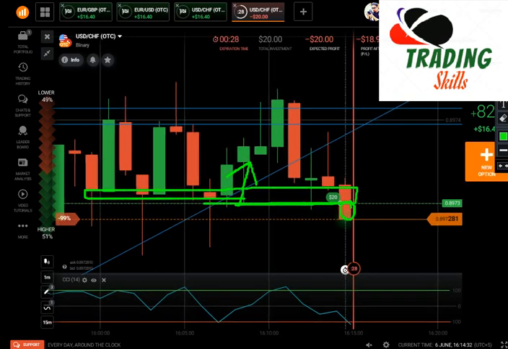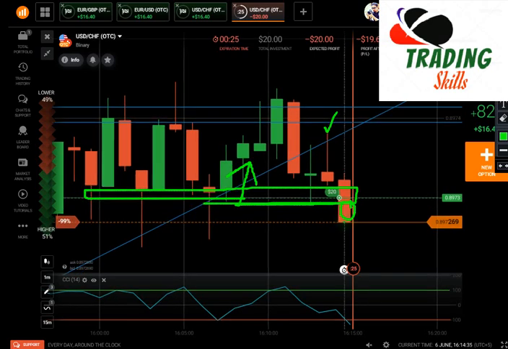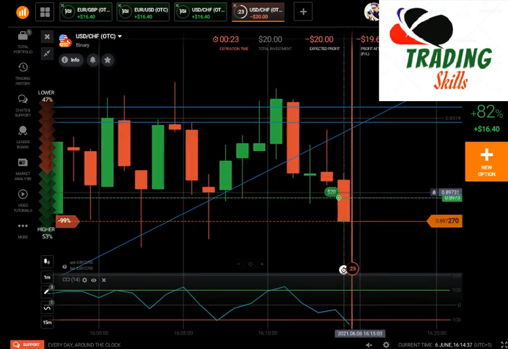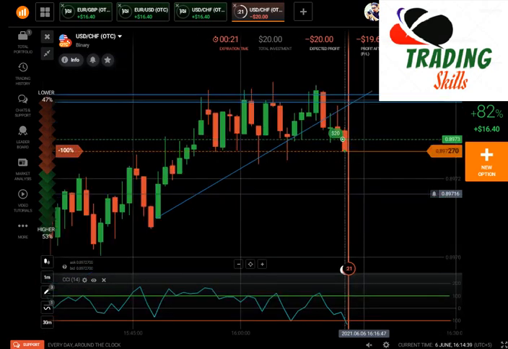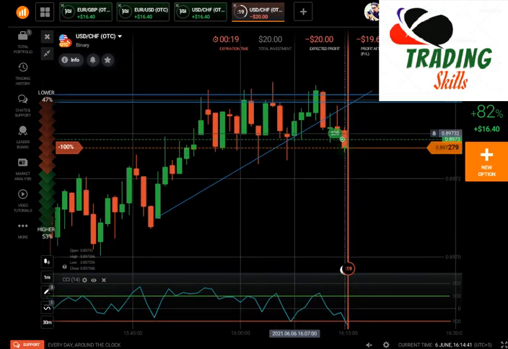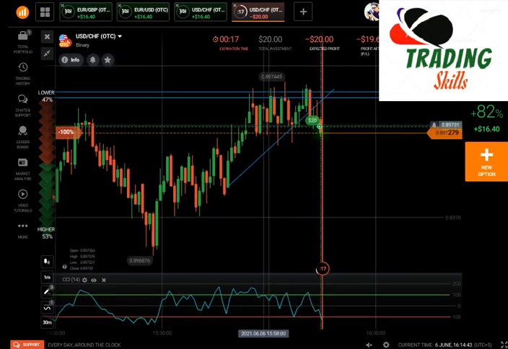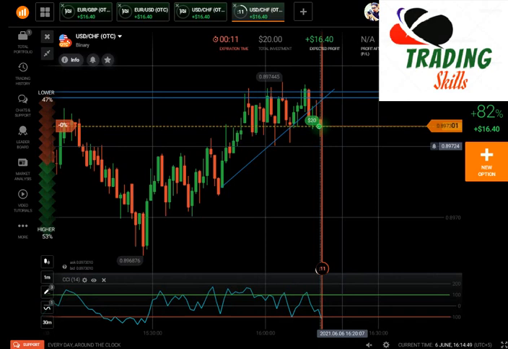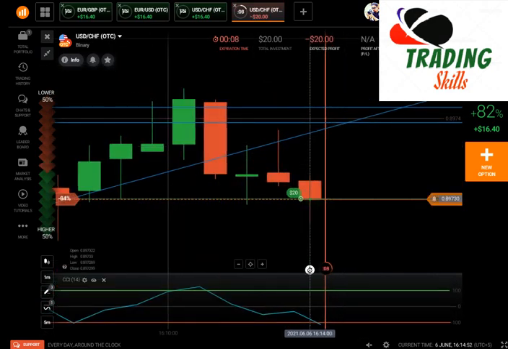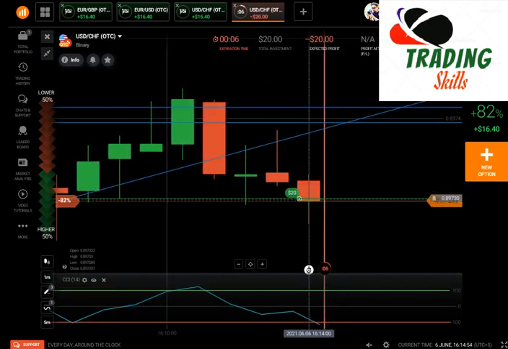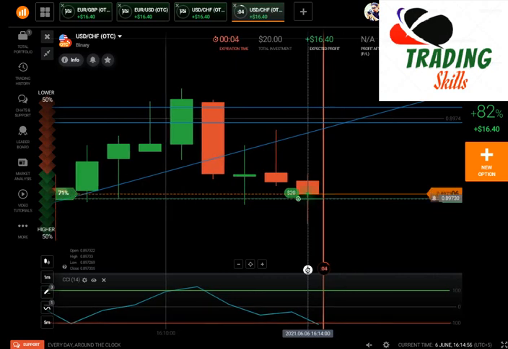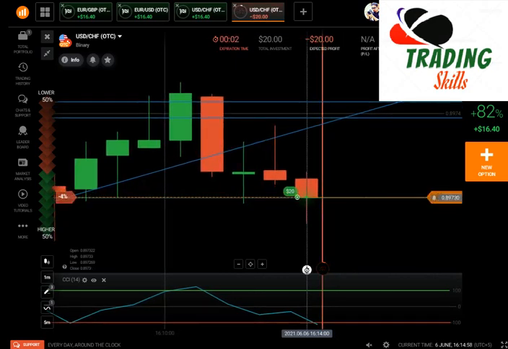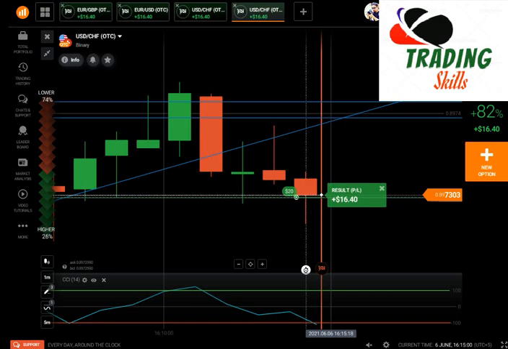So because of this level it made a new high. So let's see what happens here. Now you can see market is trying to go up. It has to go up again. My entry point is good, so I will win this. Okay, so I won this trade.